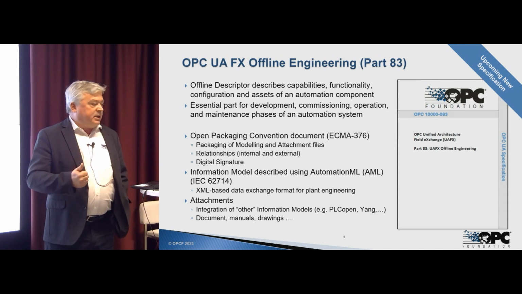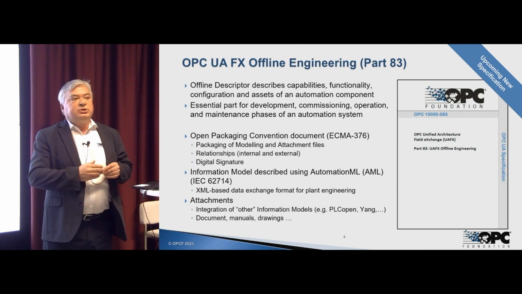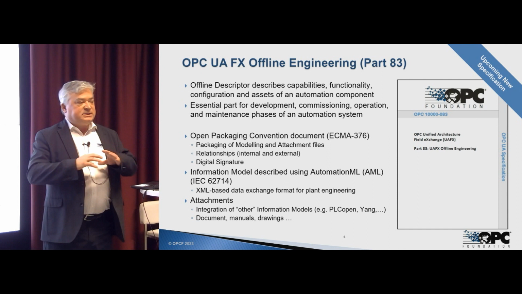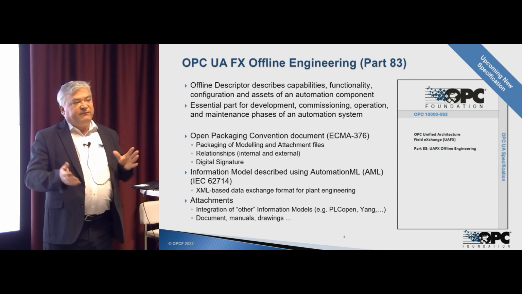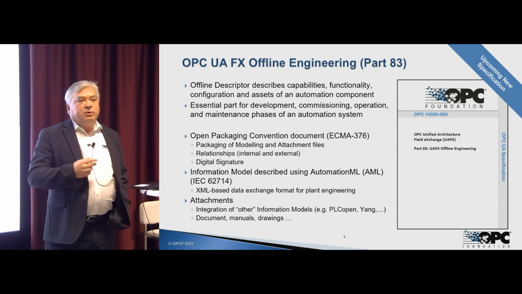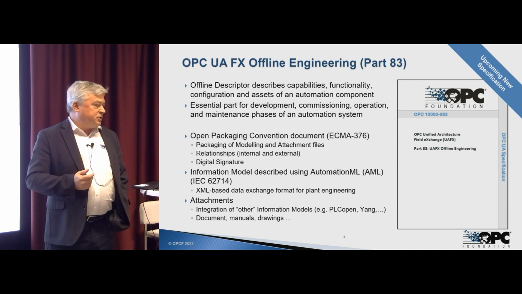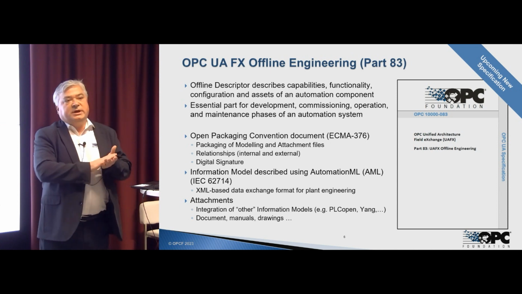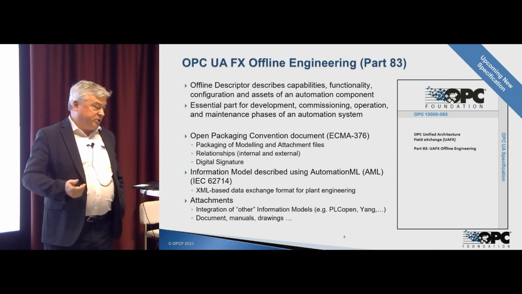Now, we rely here on the Open Packaging Convention, which is a possibility to combine different files into something like a zip file. We can secure this with a digital signature. And the information model that is included in this descriptor is based on AutomationML, which is the common standard for engineering that we also share with other associations that adopt OPC UA.